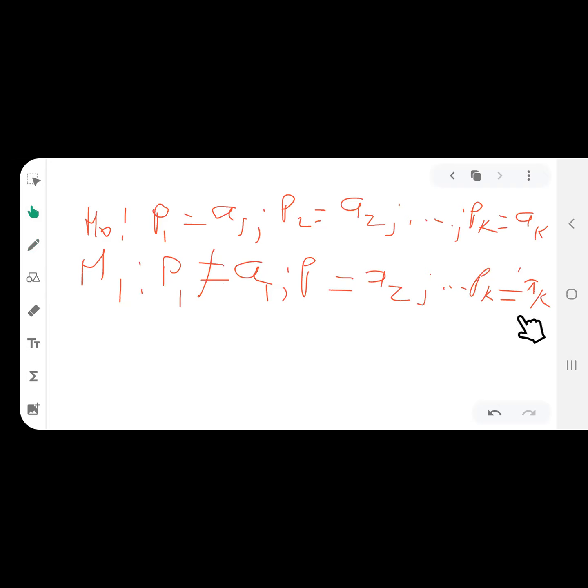So as long as at least one, meaning one or more of these proportions, is not equal to its specified value, then we are having H1. That is where the condition is coming from. So you will always write for H1, at least one of those Pi is not equal to its specified value. In brackets, you write there is a change or there is a difference. Are we together?